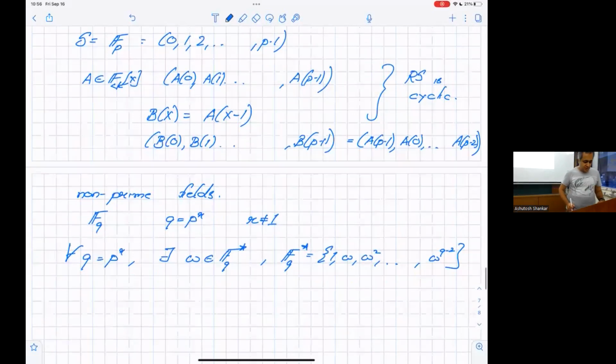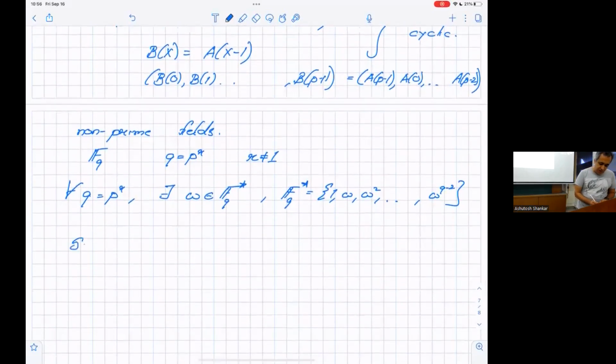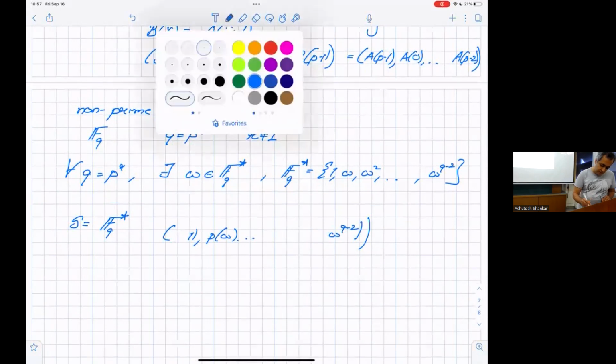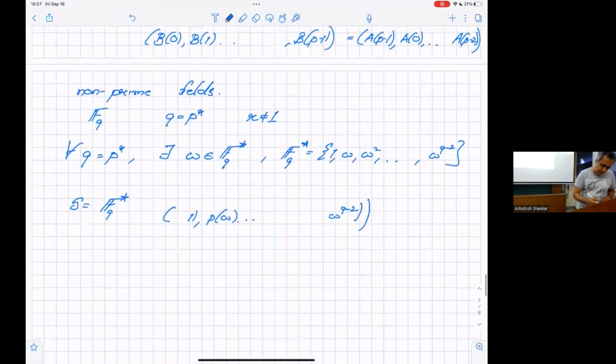Now if you look at the evaluation point set S equal to F_Q star, I'm going to write P of 1, P of omega, all the way up to P of omega to the Q minus 2. I shouldn't use P, but use characteristic. So that's a Reed-Solomon word.